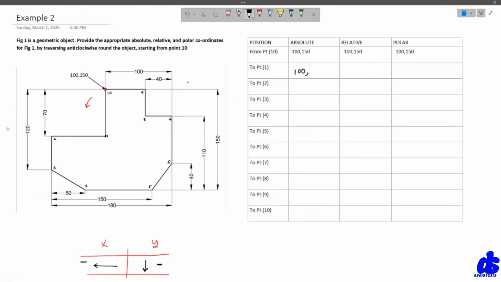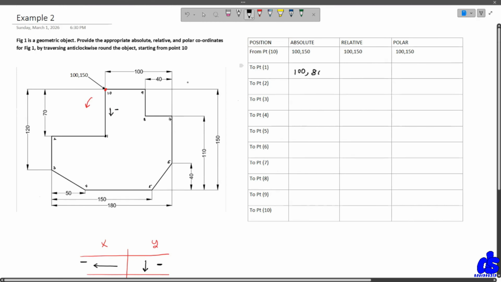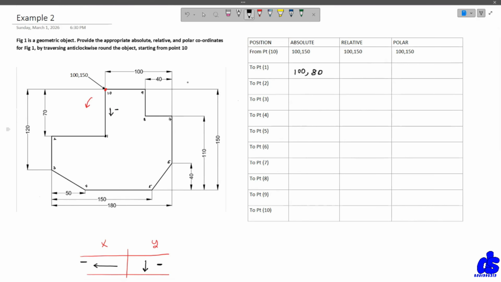Now y is coming down in distance, so it's going to be minus. The distance is 70. So it's going to be 150 minus 70, and that's going to be 80. And that will be the coordinate for y. This 80 is obtained by subtracting this 70 from 150.